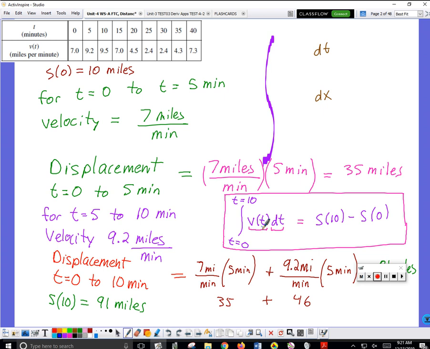Velocity is the rate at which position is changing. So if I integrate the rate at which position is changing, I will calculate how much the position changed, because that's what displacement is.